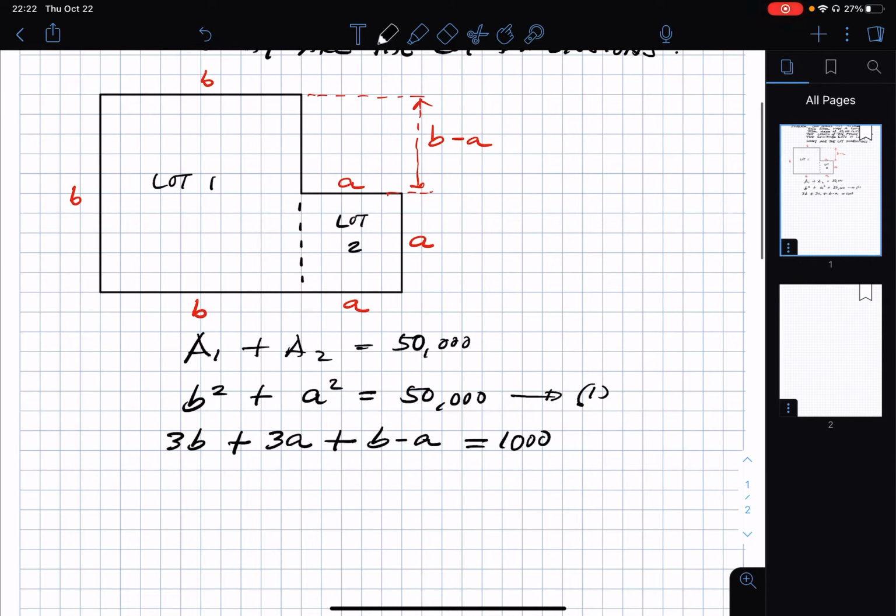So we can simplify these terms as 4B minus 2A is equal to 1,000 feet.